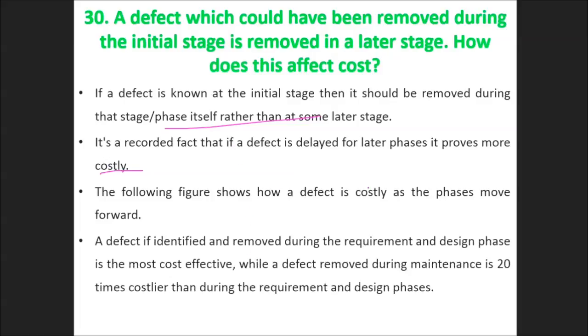So this is the figure. I'm just going to show you how a defect is costly as the phases move. A defect identified and removed during the requirement and design phase is most cost effective, while a defect removed during maintenance is 20 times costlier than during the requirement and design phase.